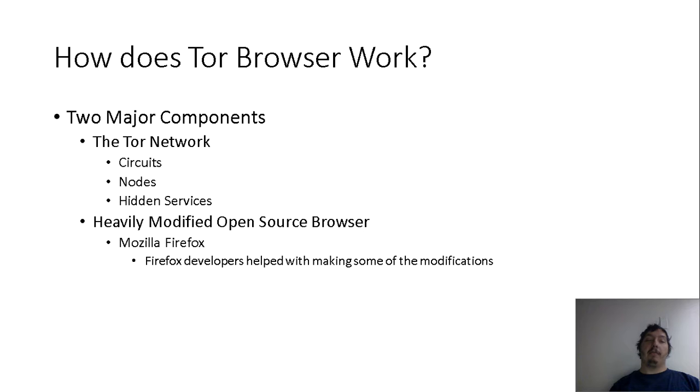The network consists of three components: the circuits, the nodes, and hidden services. We'll talk more about the circuits and nodes as we go along. Hidden services, you just need to know that they're there. And then the browser itself is a very heavily modified version of Mozilla Firefox. In fact, some of the Firefox developers actually helped make some of the modifications to the browser.